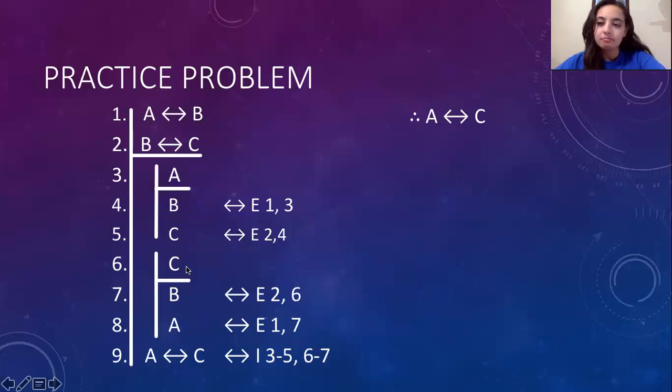And then I'm pretty much done. I proved from both sides that I'm able to get A biconditional C. I can just put that down, the biconditional introduction, making sure to cite my two subproofs, which is 2 through 5 and 6 through 8. I apologize, that's a typo. So 6 through 8. Okay, and we're good to go from there.